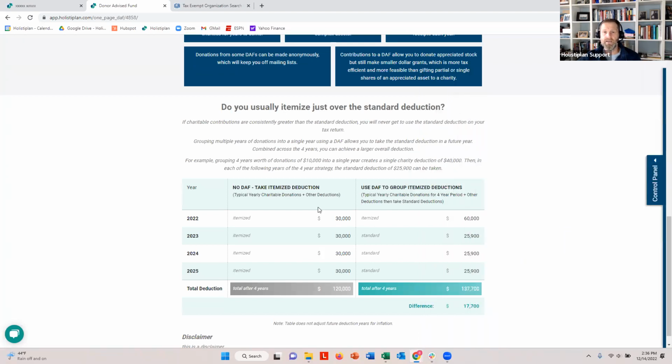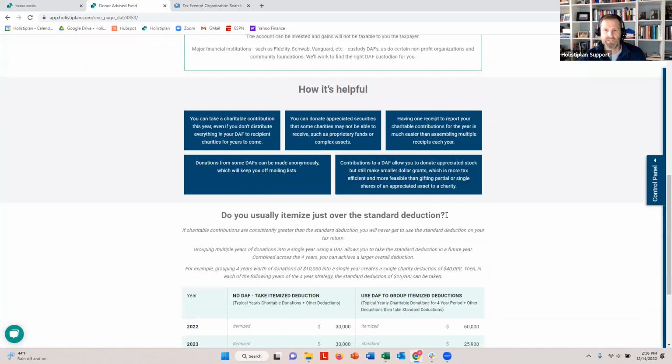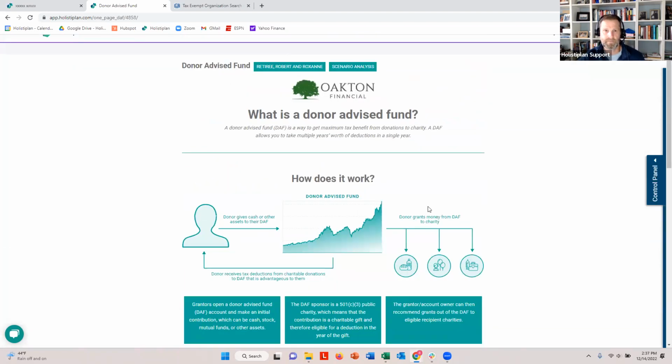We can see, okay, yes, you're itemizing in all of these years, but if you bunched everything into a single year, your total deduction amount is still higher by pulling all of this into year 1, right? Now, again, you can use this without even using the donor advised fund piece, although it says donor advised fund all over it, but conceptually it's going to be the same thing, right? We're just pulling all of the deductions into a single year to get a higher total deduction over a multi-year period. The donor advised fund is just one way of doing that, right?